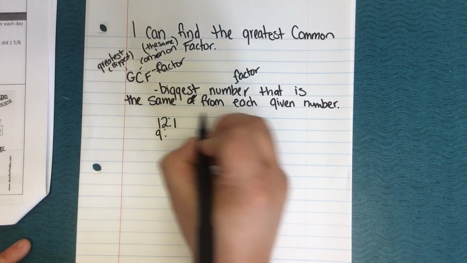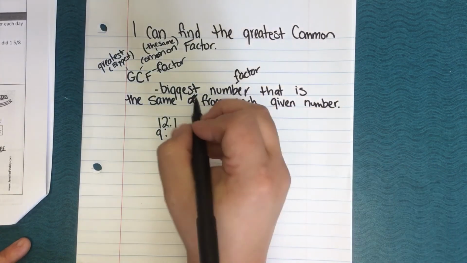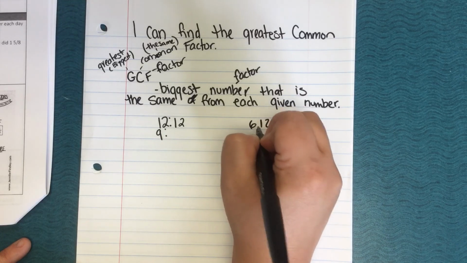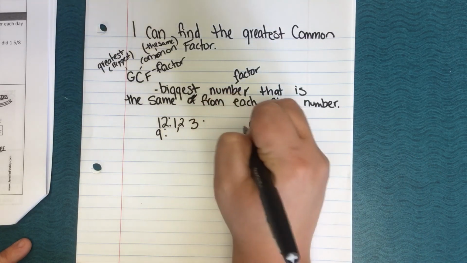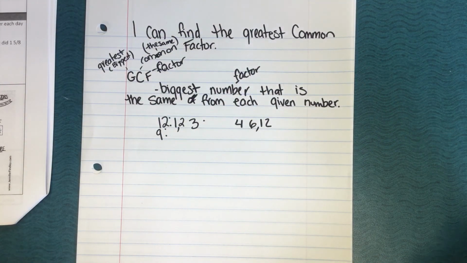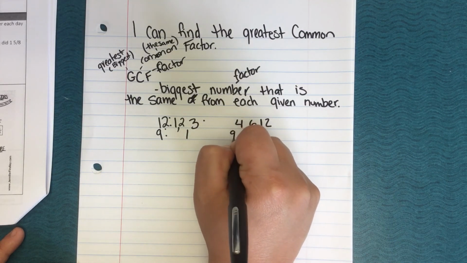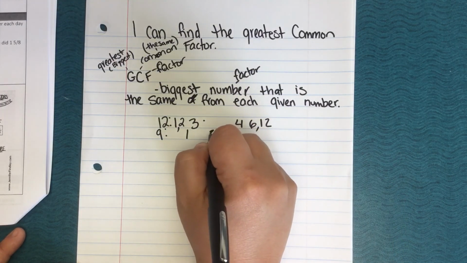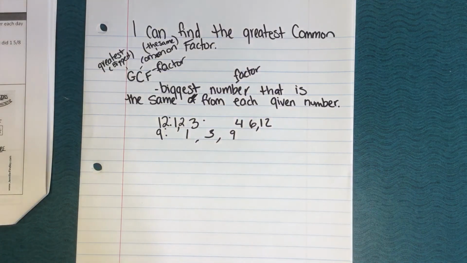So 1 times 12, 2 times 6, and 3 times 4 are my factors. I have a gap here because I wasn't sure how much room I would need. For 9, 1 times 9, and 3 times 3. So those are my factors of 12 and 9.